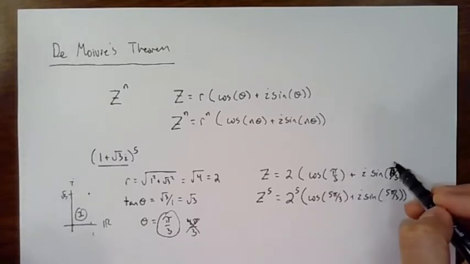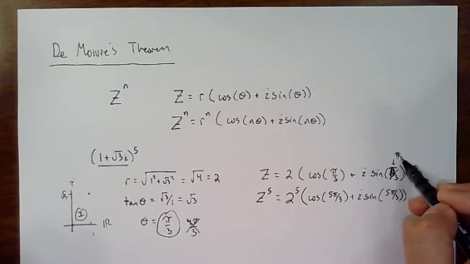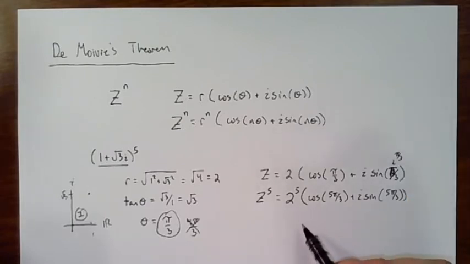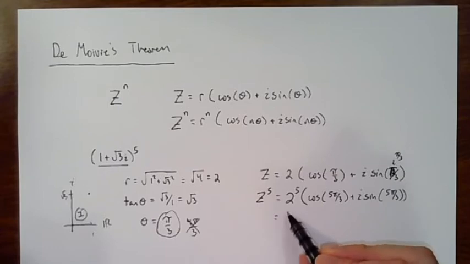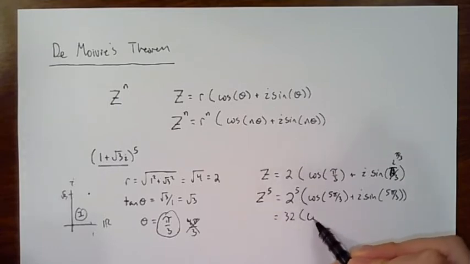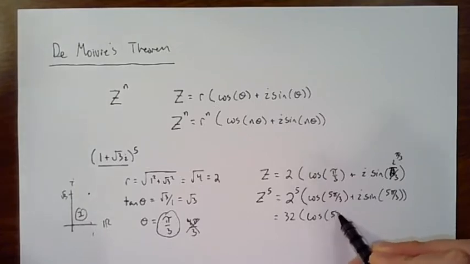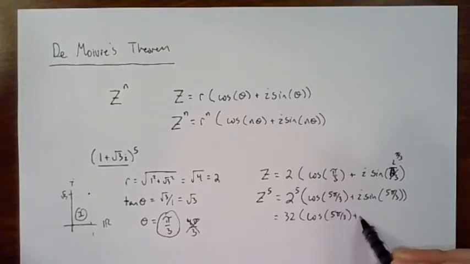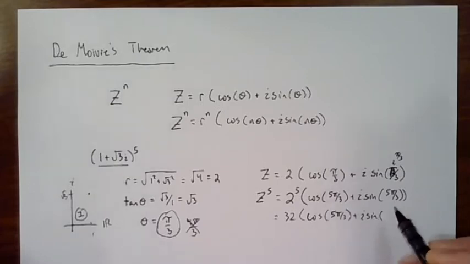If you can't read this angle right here, this is pi over 3. And we could convert this 2 to the fifth to 32, and then we'll have 32 times cosine 5 pi over 3 plus i sine 5 pi over 3.